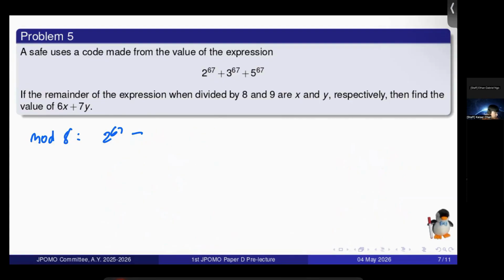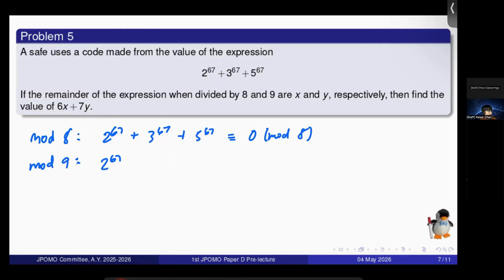Sorry for the delay. So for mod 8, we got 2 to the 67 plus 3 to the 67 plus 5 to the 67 is 0 mod 8. If we do a similar thing for mod 9, 2 to the 67 loops every 6.